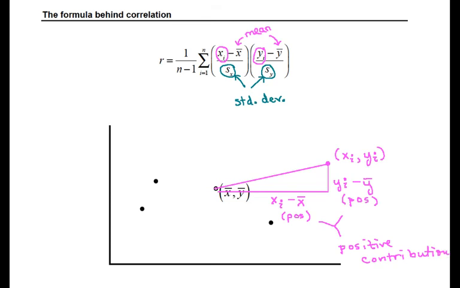Now, if I contrast that with this point down here, which maybe I'll call x sub j, y sub j, this also has a vertical and horizontal component, but this time my vertical component is negative and my horizontal component is positive. So when I multiply these together, this point makes a negative contribution.